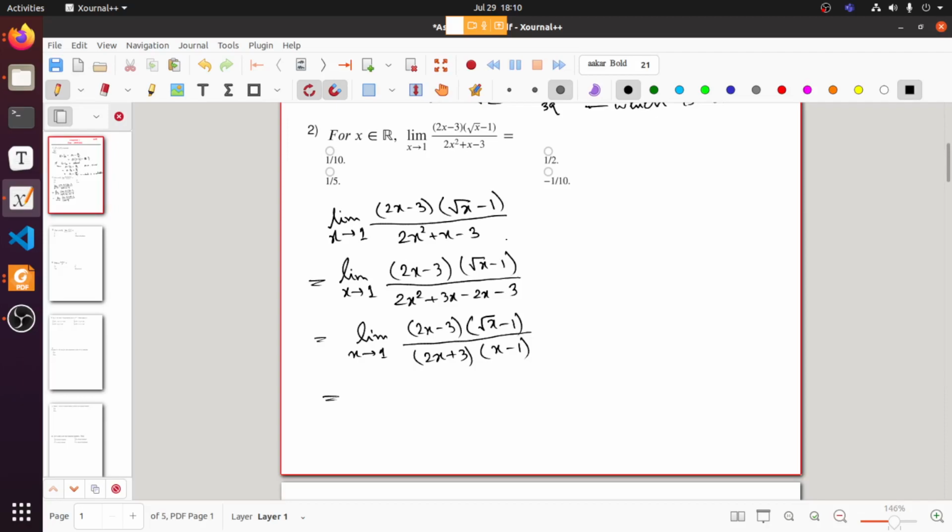And here note that x cannot be 1, right? If x is 1, then the denominator will be 0, then it will not be well defined. So here x is not equal to 1.